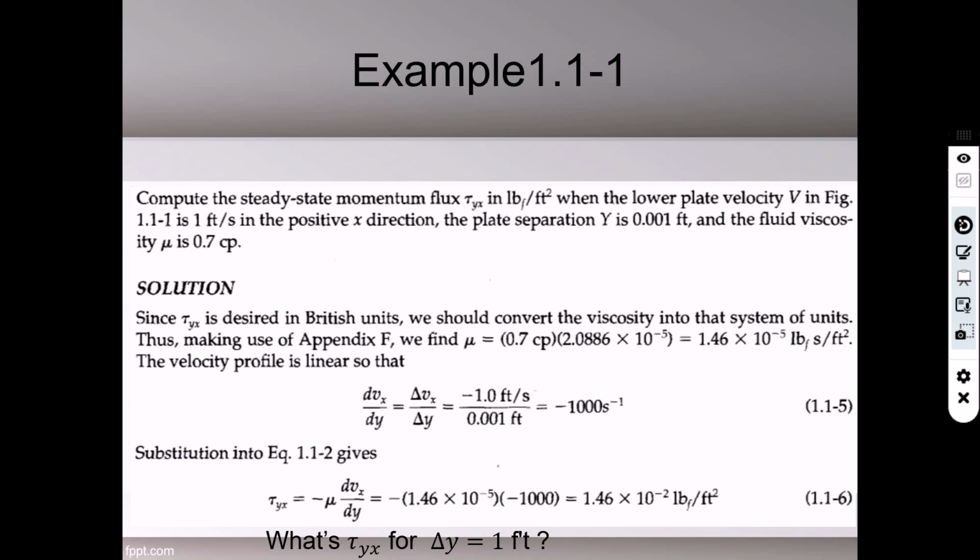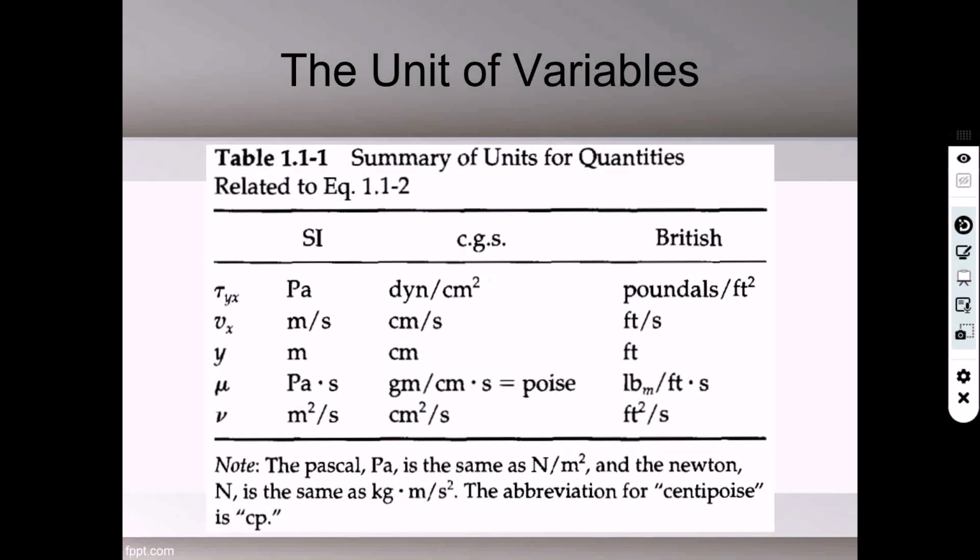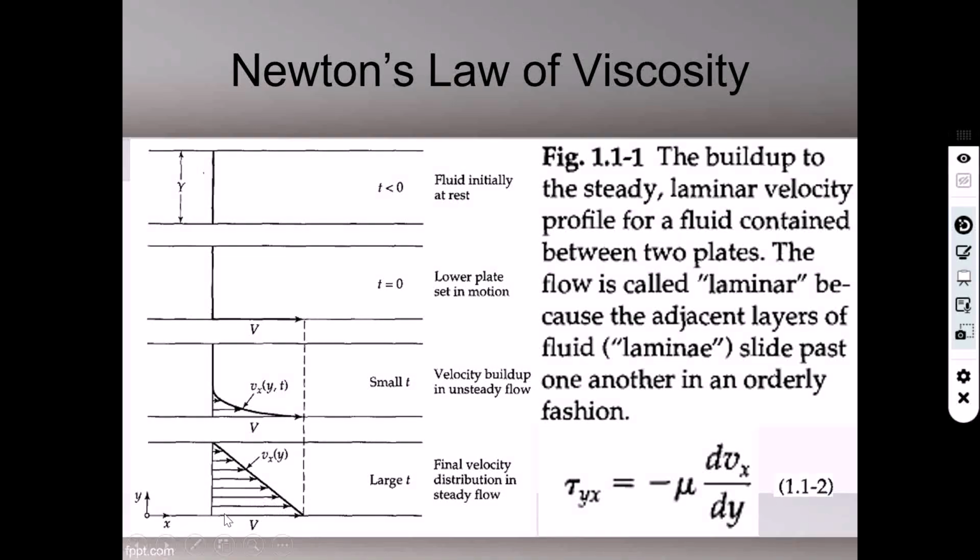If you multiply this shear stress by the area of the lower plate, that should be the force you require to move the lower plate, if the plate is without weight or any other friction except from the fluid.